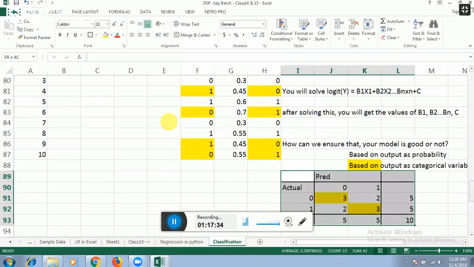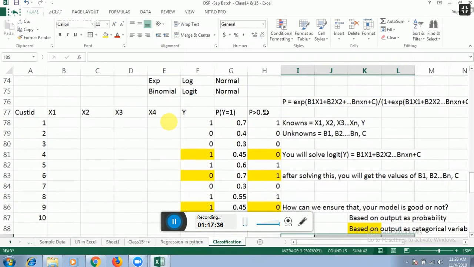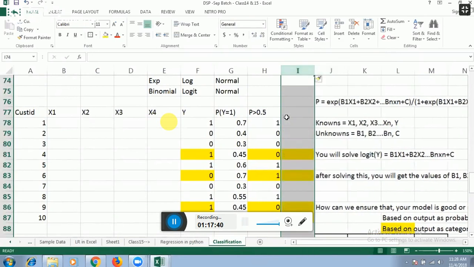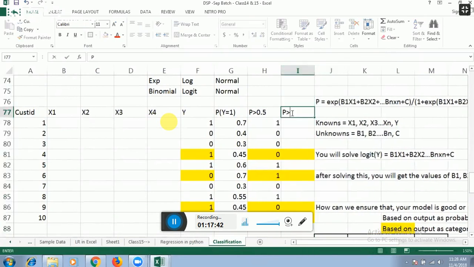If my cutoff got changed, suppose I take 0.4 as a cutoff. P greater than 0.4 is the cutoff, so then my value will be 1, and 0 here, 0 here, 1 here, and so on. Whatever it is, it doesn't matter.